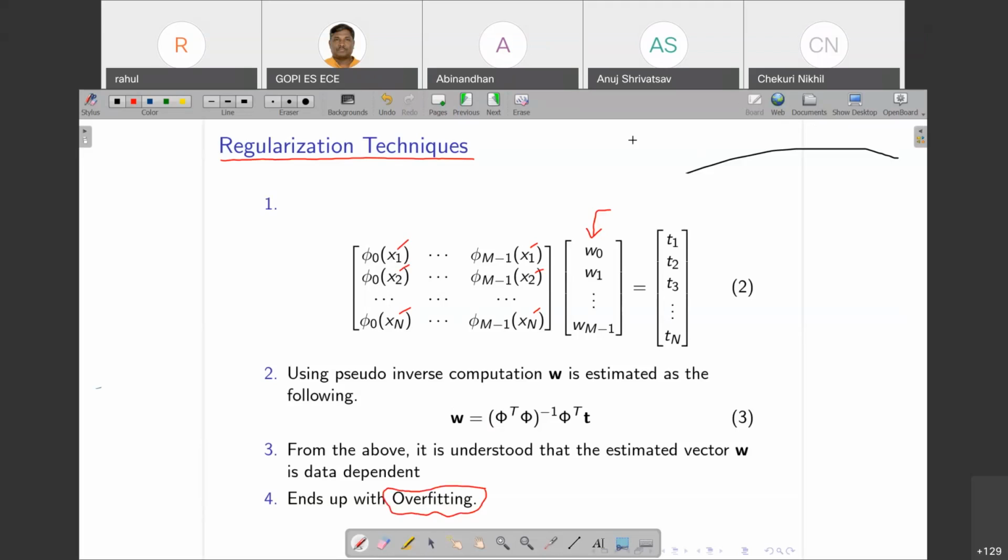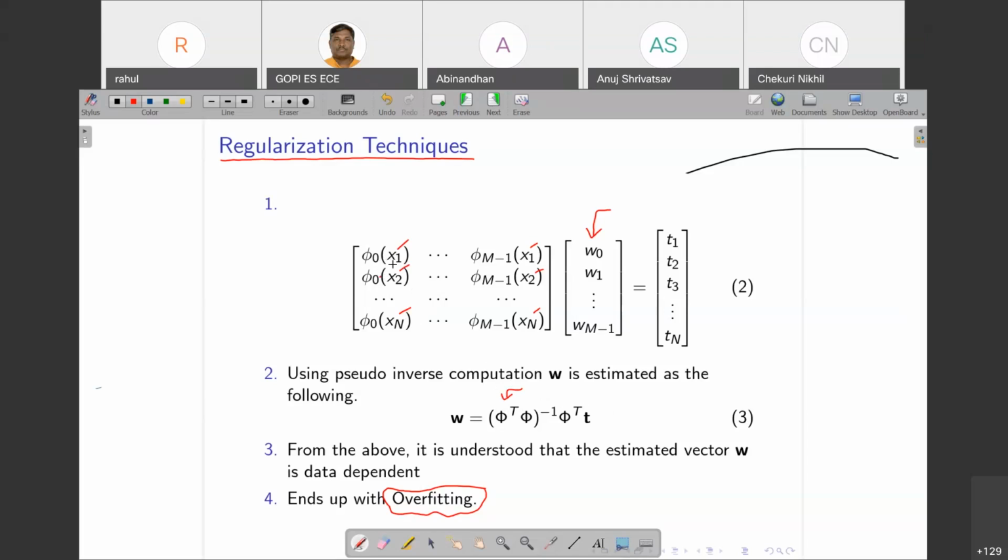But with huge data, there is no problem. Suppose I have a very large data set, where n is something like a lakh, 1 lakh, 2 lakh, big data. But when you are handling such big data, this matrix is going to be really big, and computing the inverse is really difficult. So we need to restrict ourselves to some number in thousands. In that case, it is going to be data dependent.